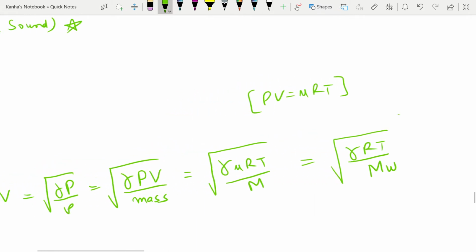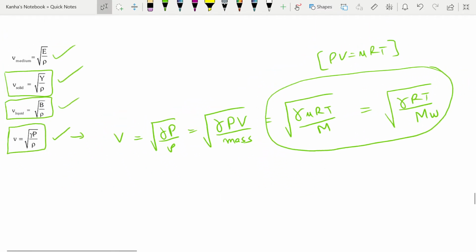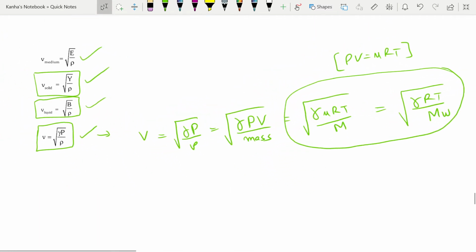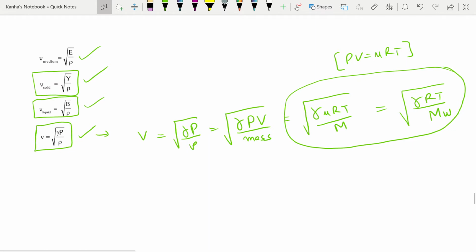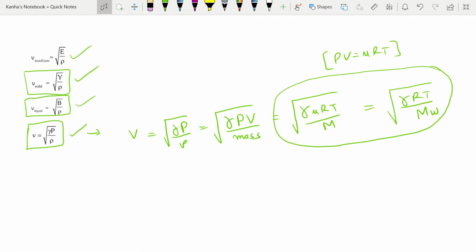So with these equations in mind, I can easily find the effect of temperature or the effect of humidity on these things. This is important, and it's a conceptual thing. It can be asked. You can see that the velocity is directly proportional to root of temperature. Also, what about relative humidity?